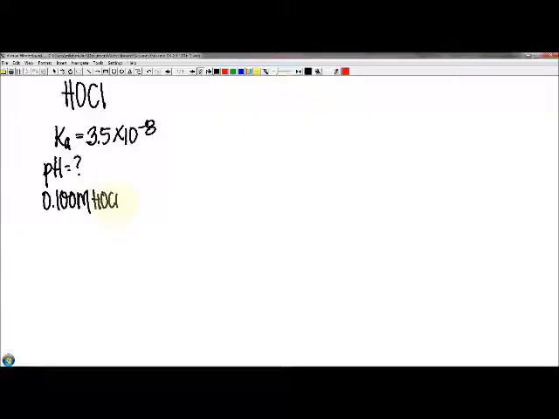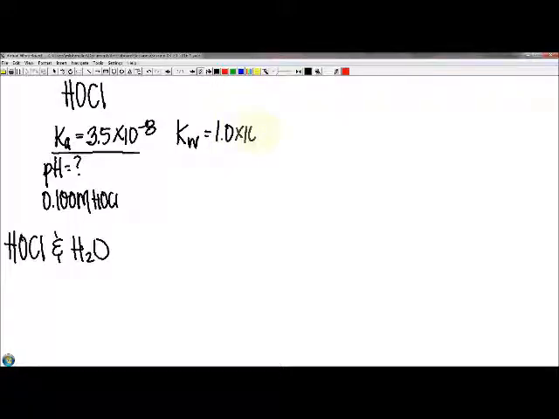Okay, well, so our solution contains both our acid and it's aqueous, so that means it also includes the water. So, to know which one is getting broken up to be acting like the acid, we have to look at their Ka versus the Kw. Okay, so this is our Ka given in the problem, and Kw is what we learned about in 62, and that's the 1.0 times 10 to the negative 14.